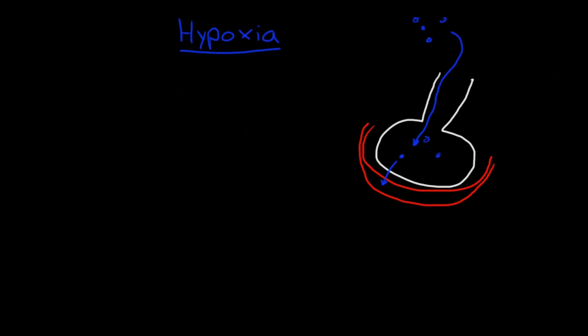So hypoxia is something that is caused by something that blocks the oxygen at any one of these levels. Okay, so the first thing that can happen is you can have decreased fraction of inspired oxygen. So there's just not as much oxygen in the air the person is breathing.